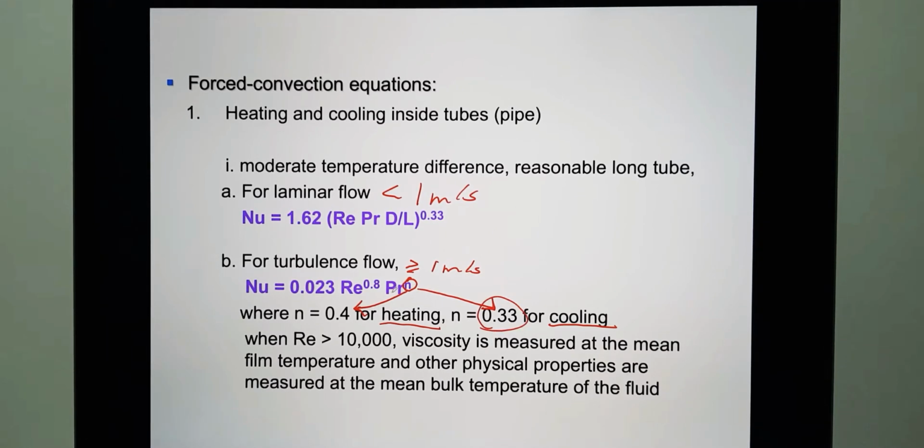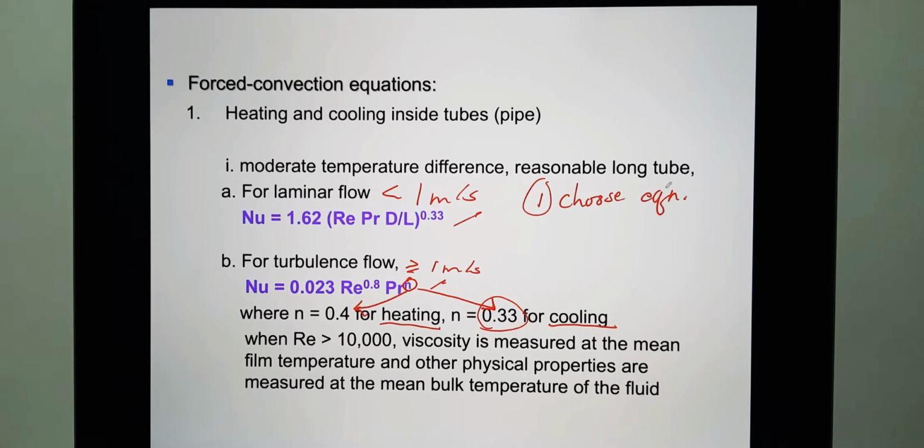And again, these two equations will be given to you, but you need to select which equation you need to choose. Okay, so the first one is you need to choose the most appropriate equation.